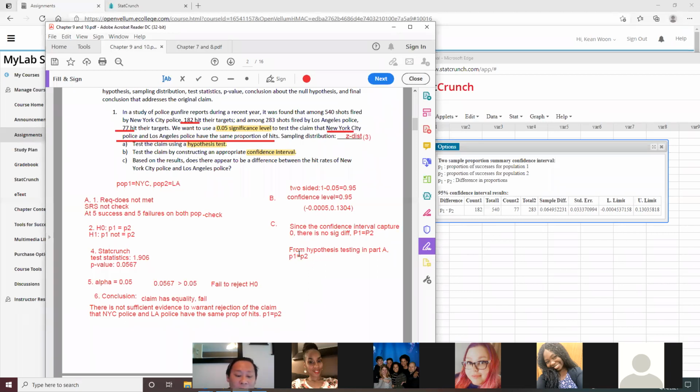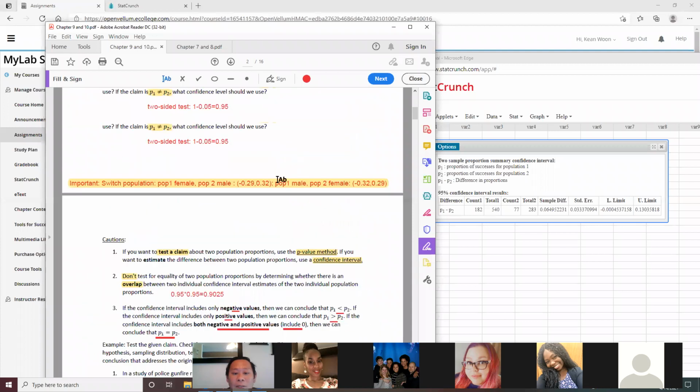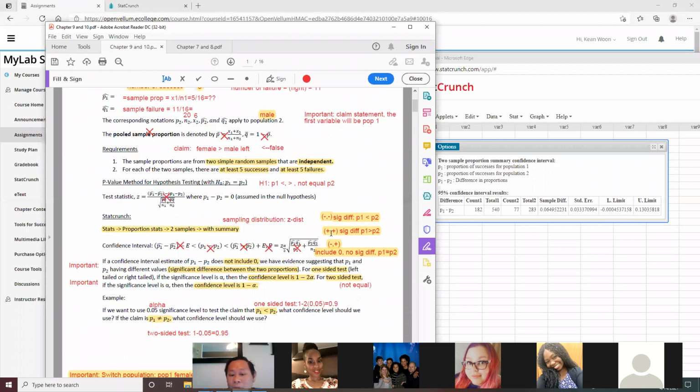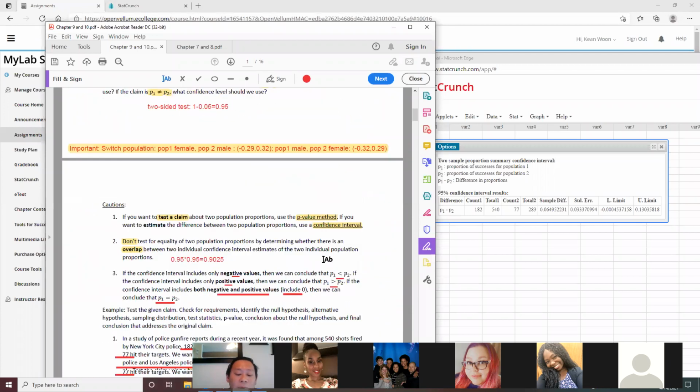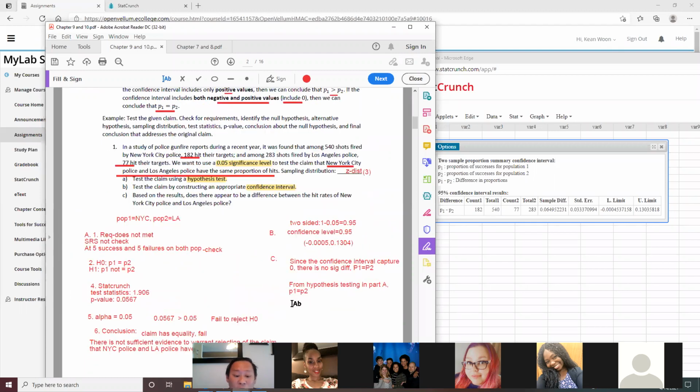How do we do A and B? For A, you just figure out if P1 is equal to, less than, or greater than P2. Then for part B, you look at this case: are they both positive, both negative, or one negative and one positive? And they should match. If one says P1 is less than and the other says P1 is equal to, something is wrong.